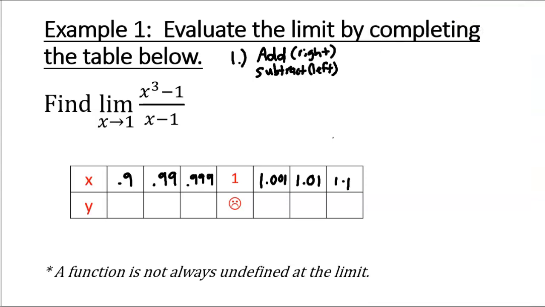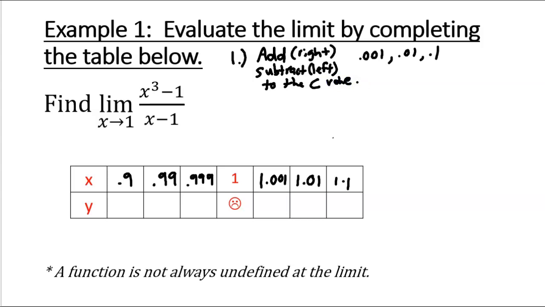So our first step is to add and subtract. Add is on the right, subtract is on the left, the following three numbers: 0.001, 0.01, and 0.1. So you're going to add and subtract those numbers from the c value. Okay, and that's how you're going to complete your first row.